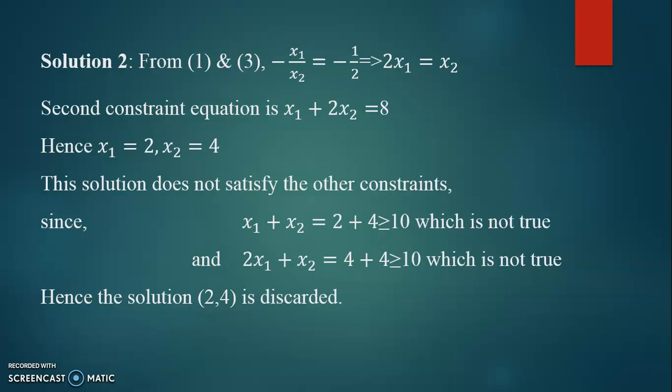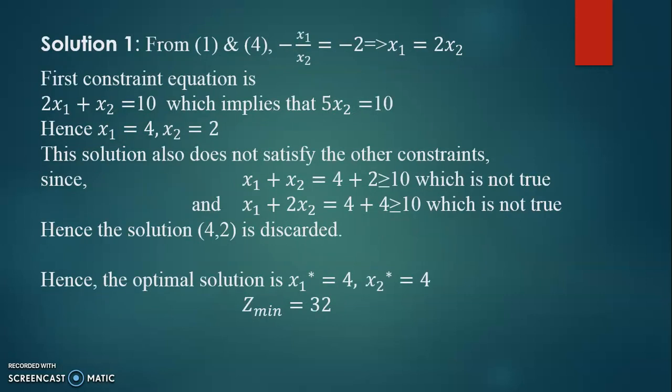This solution does not satisfy the other two constraints. Since x1 plus x2 equal to 2 plus 4, which is equal to 6, is greater than or equal to 8, which is not true. And 2x1 plus x2 equal to 4 plus 4, that is equal to 8. 8 is greater than or equal to 10, which is not true. Hence, the solution 2, 4 is discarded.